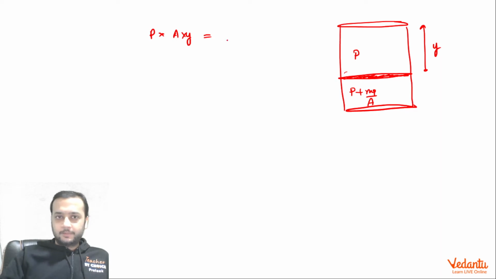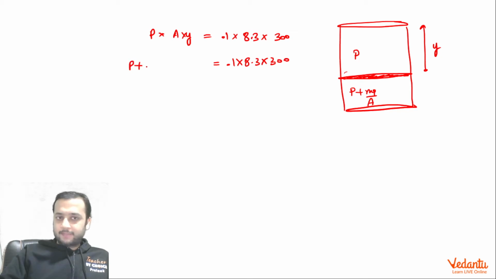So n will be 0.1 into R, whose value was given as 8.3 in the question, and T, temperature has not changed, so it remains 300, right? Now the nRT part will be the same for both, so this will also be equal to 0.1 into 8.3 into 300, which equals P plus mg by A.